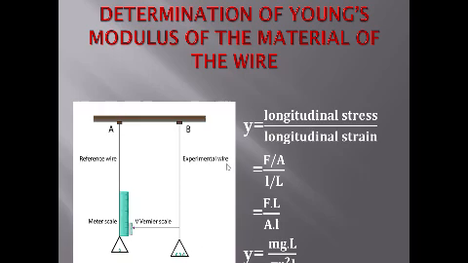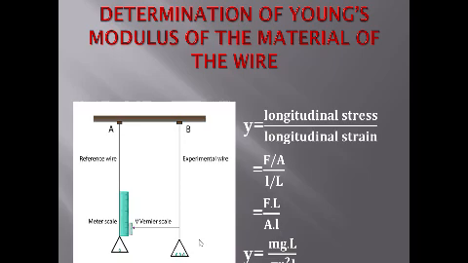In Young's modulus, we describe the longitudinal ratio between longitudinal stress and longitudinal strain. So according to this, it is F by A upon l by L, so Y is F L upon A l.